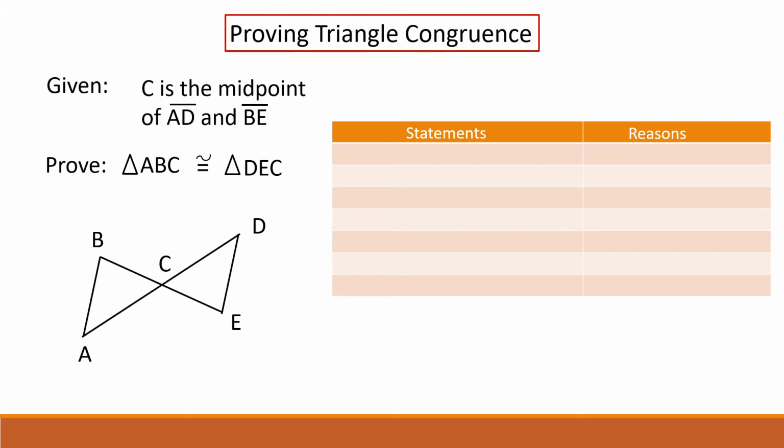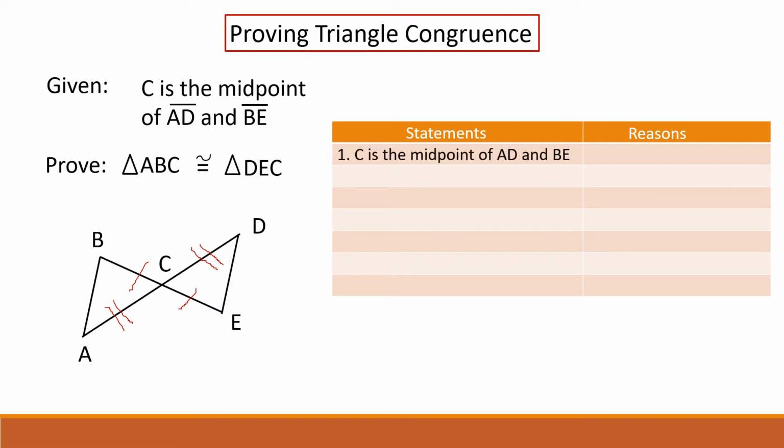Now it means that segment BC is congruent to segment CE, and segment AC is congruent to segment DC. So now we can put that, but first we need to put the given.